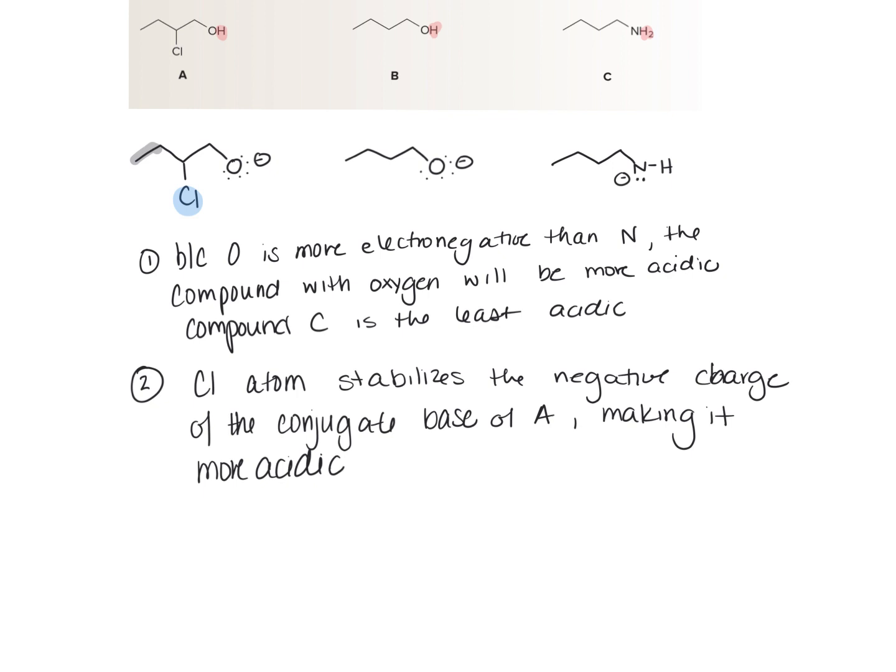So when we order these, we can say C is the least acidic, because we're ordering them in order of increasing acidity. So we go least acidic, then B is next, and then finally A, because we've got those inductive effects.